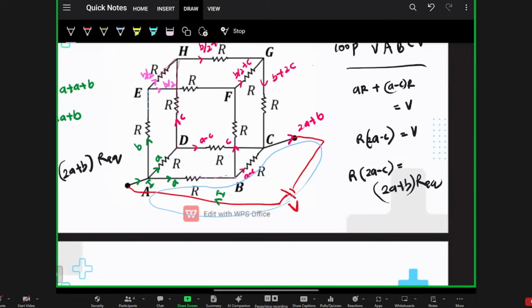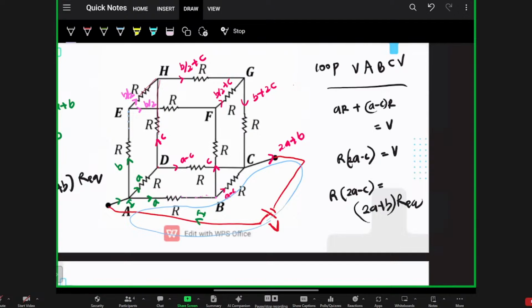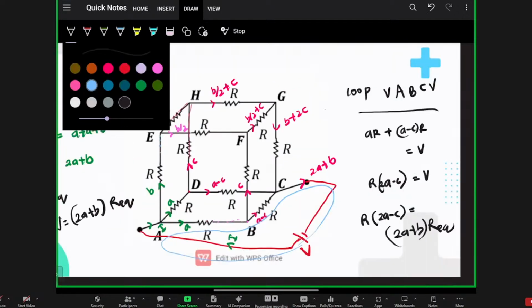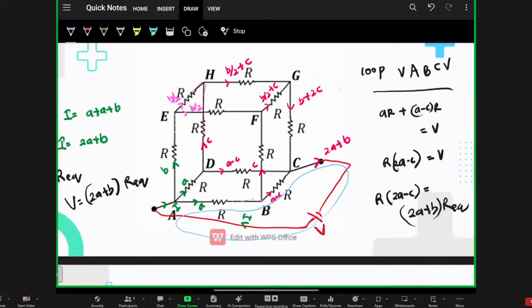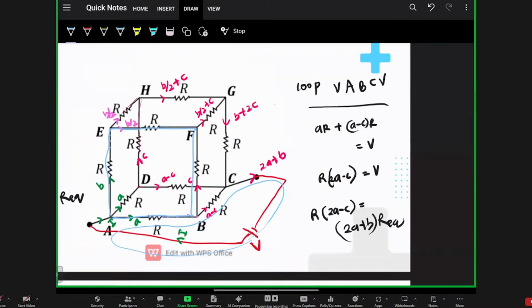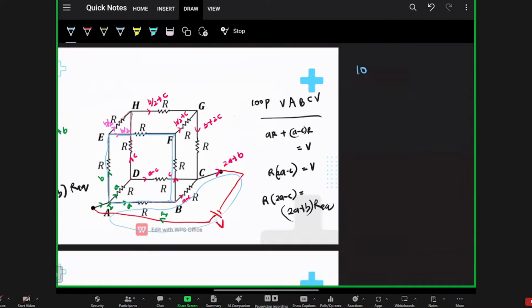So we have to take another loop. Let me take loop A E F B A. Okay, I'm taking this loop.